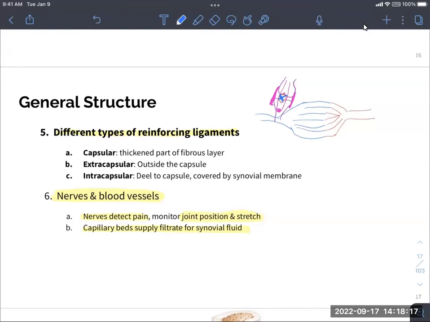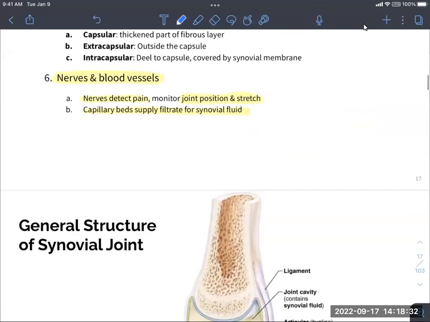So we need those capillary beds to kind of filter that synovial fluid. Supplies that filtrate, so that liquidy substance that is in that synovial joint.